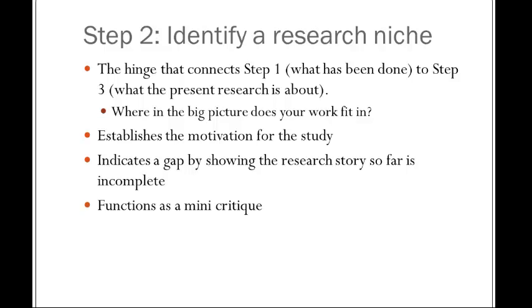You're not going to spend obviously a lot of time dwelling on what they did or didn't do, because that's really not the purpose of your paper, but it's important for you to say, this is the void, and this is specifically the problem we have, and then in step 3 you can say, well, this is my research, this is how it satisfies this void, this is how it solves this particular problem. So you can think of step 2 as a critique of what has or hasn't been done, and more specifically the link between step 1 and step 3.